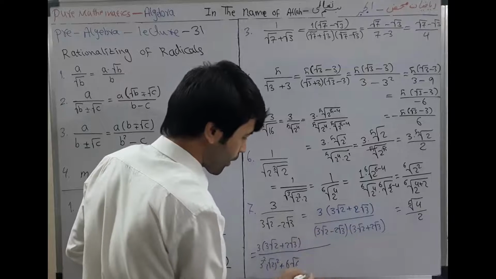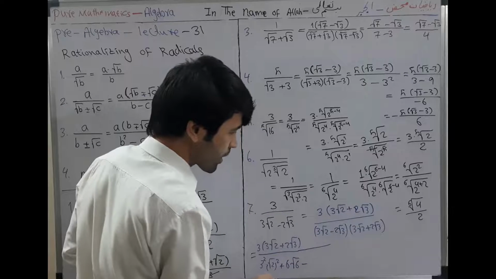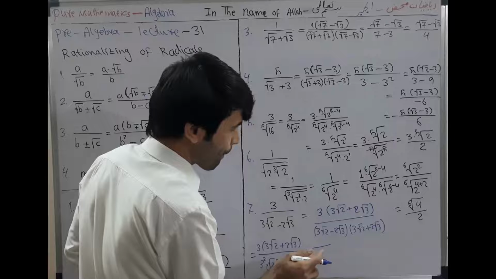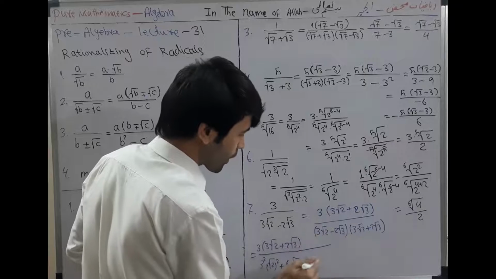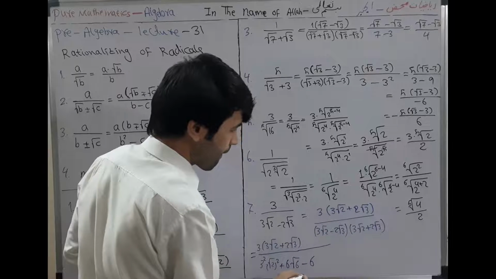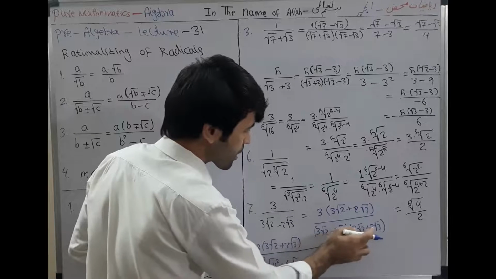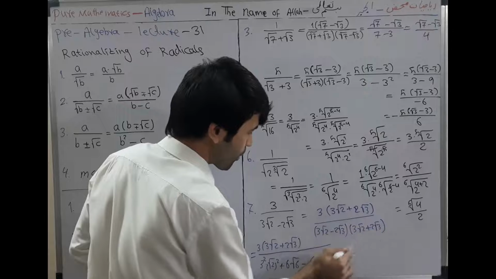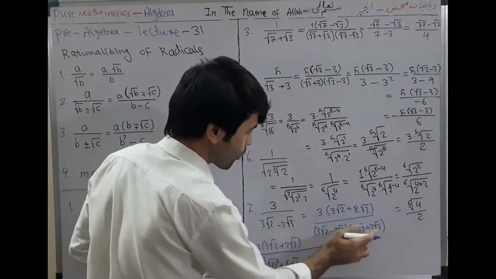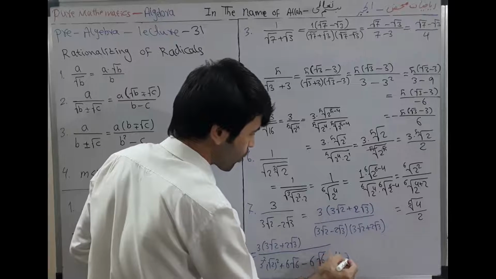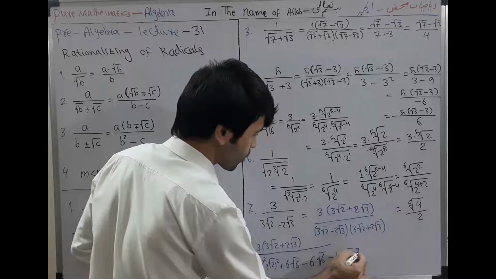Minus multiplied by positive is minus, 2 multiplied by 3, 6 square root of 6. Plus multiplied by minus multiplied by plus, minus 2 multiplied by 2, 4 square root of 3 whole to the power 2.